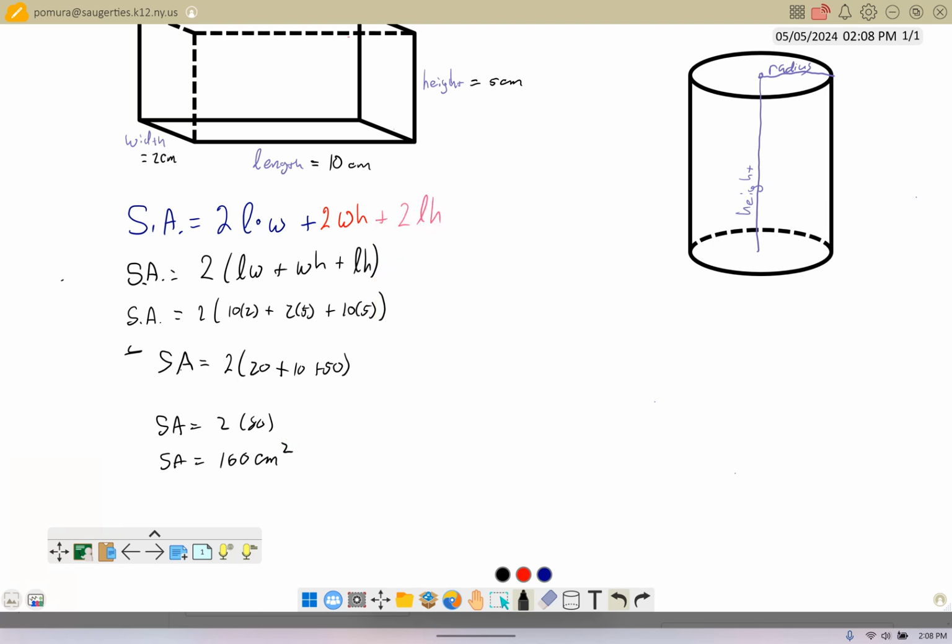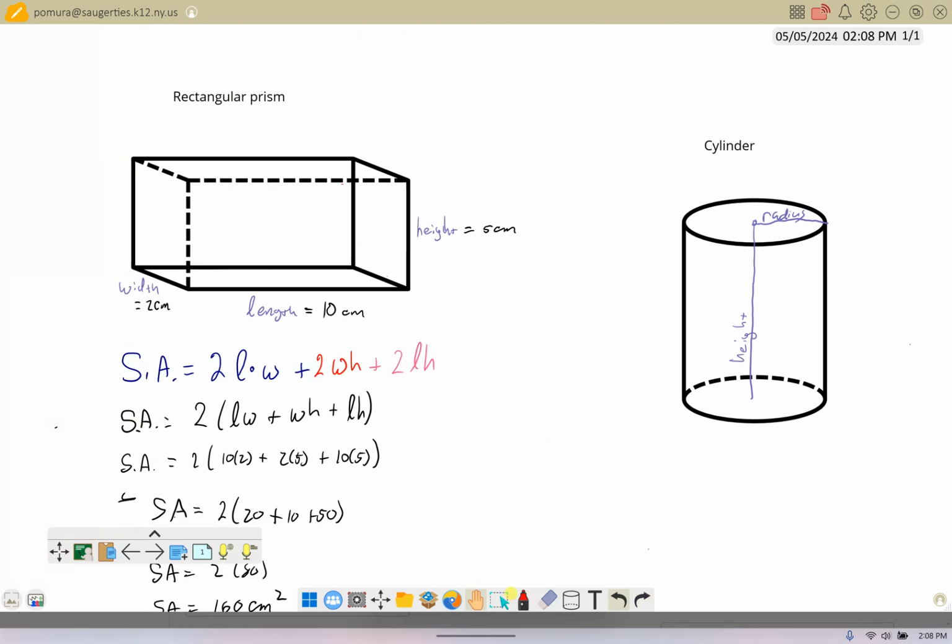Now, if we want to know about the volume, it's a whole other animal, but it's a lot easier, actually. The volume, if you imagine that we're pouring water into this container, the very first thing that would fill up would be the base. So a lot of times you'll see formula sheets that say volume equals base times height.